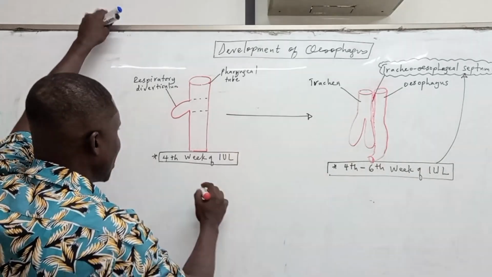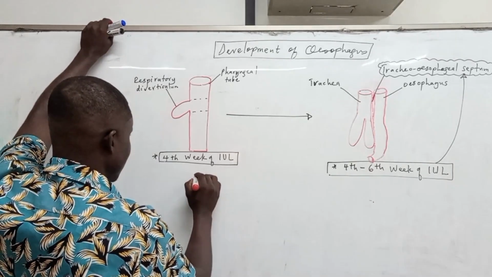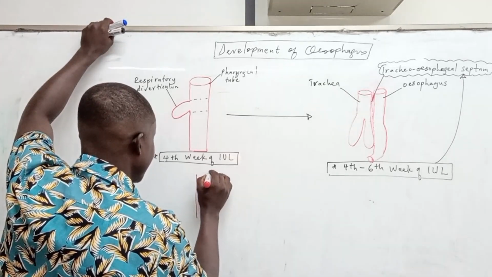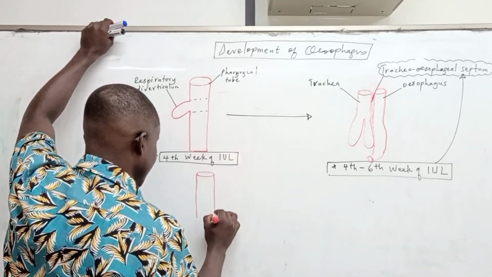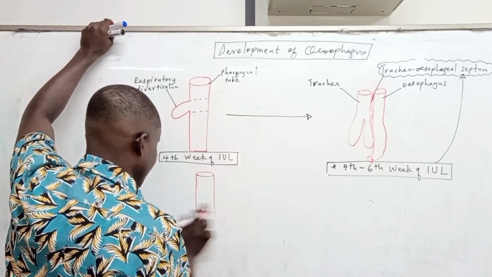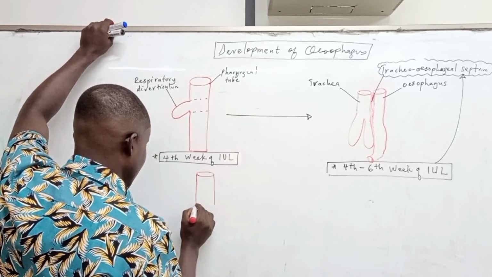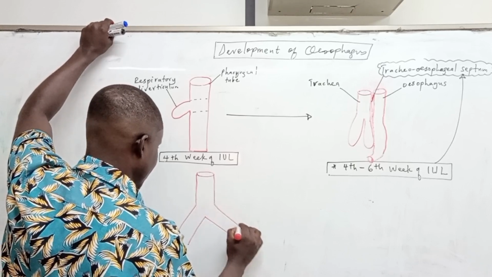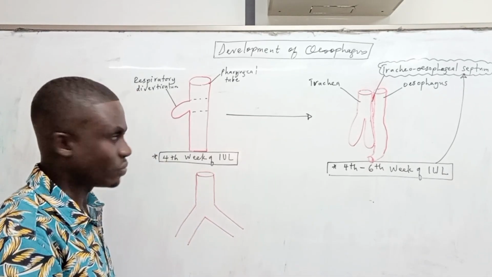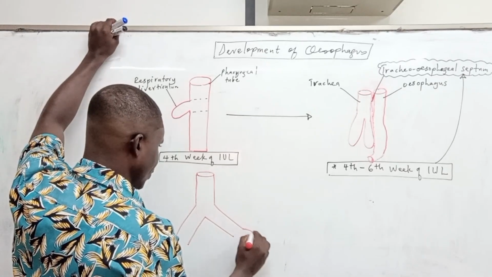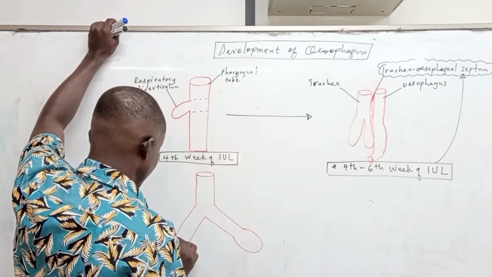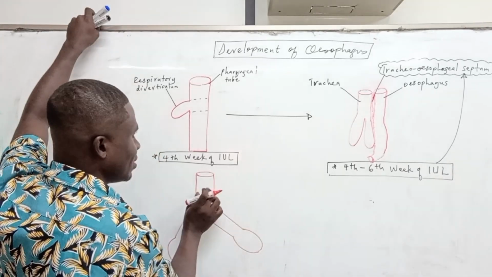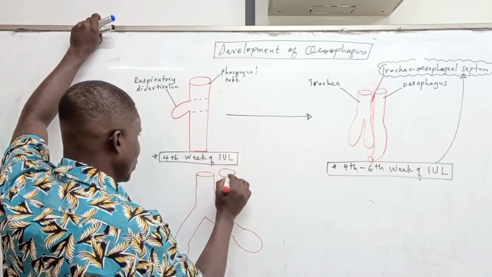So moving on, this is what I'll be seeing. Let me just make it this way. Gradually forming over here, and then that's the ventral aspect, and then my esophagus.